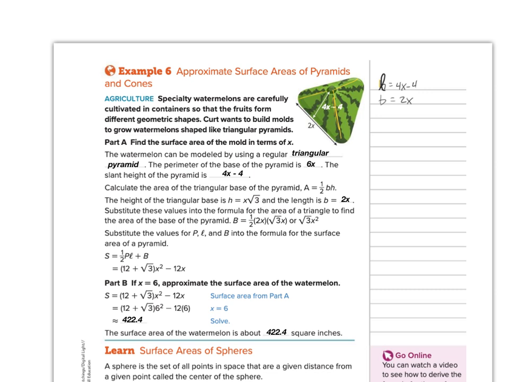If one side is 2x, then my perimeter would simply be 2x plus 2x plus 2x, or 3 times 2x, which is 6x.